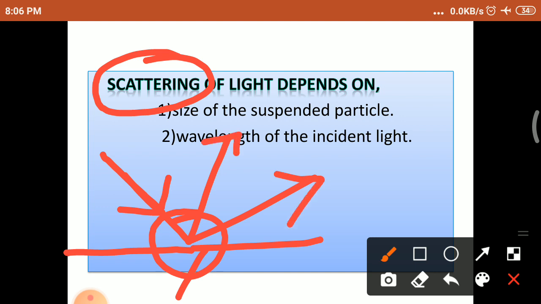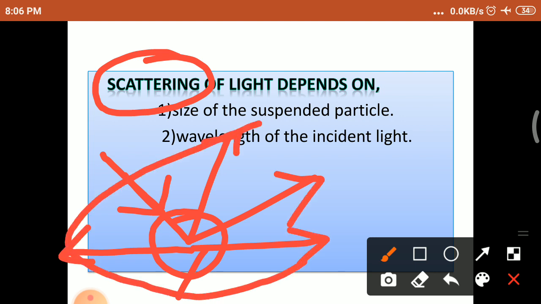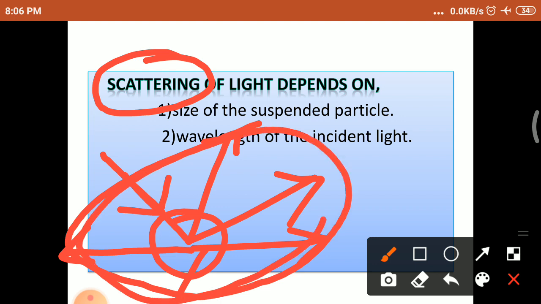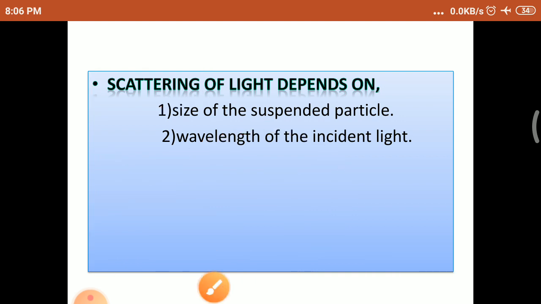This phenomenon is called scattering of light. How does the scattering depend on the size of the suspended particles and the wavelength of the incident light?